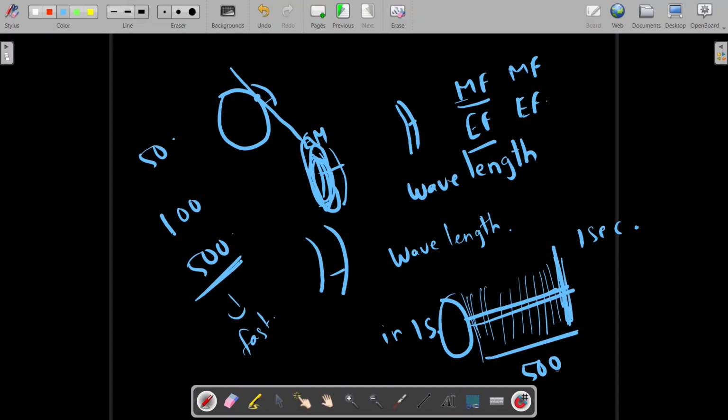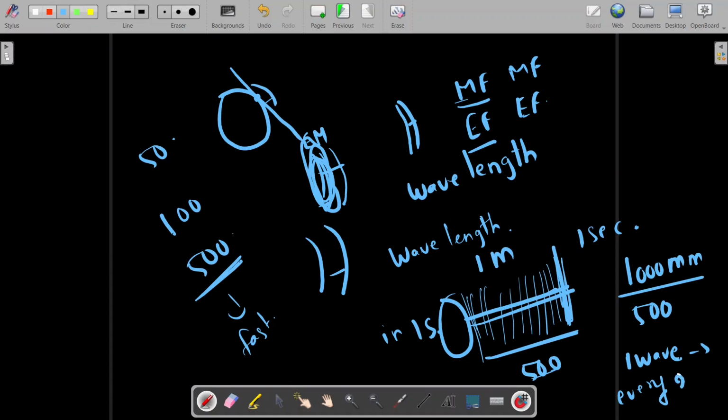If this space is 1 meter, that is 1000 millimeters, divided by 500 waves, there is one wave every 2 millimeters. So 2 millimeters, one wave, 2 millimeters, one wave.